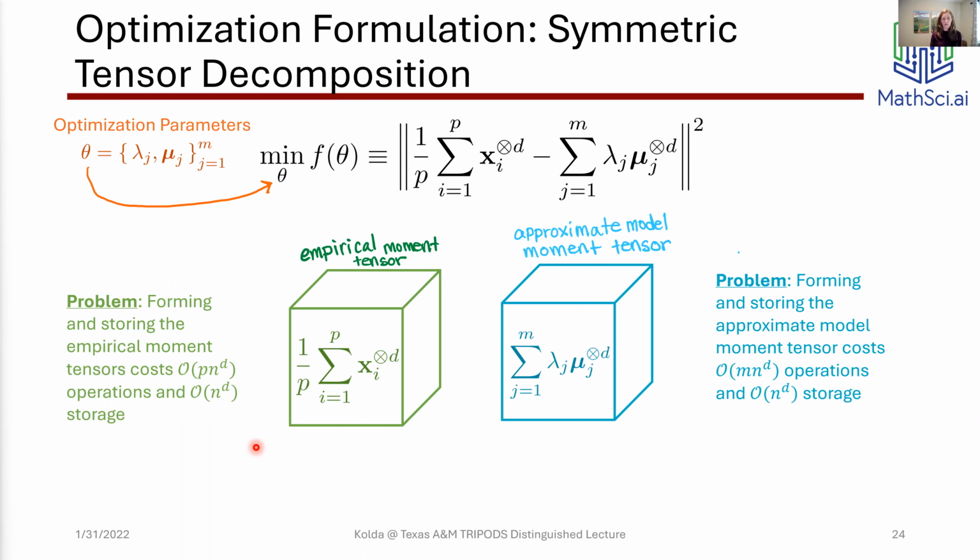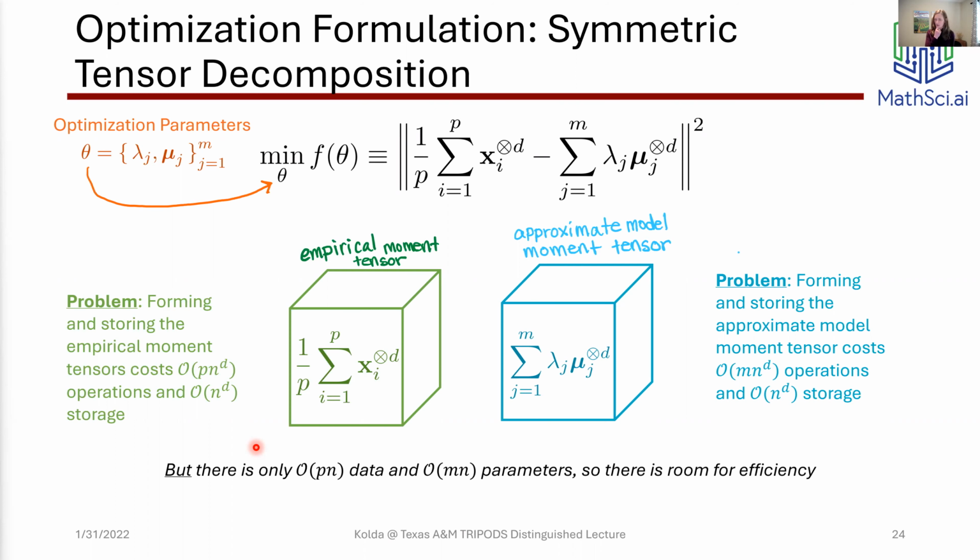And we have the same problem with the approximate model moment tensor. This also costs m, the number of bumps in our Gaussian, times n to the d operations and n to the d storage. But there's a hint here that we can do something smarter, because we really only have p observations of length n.